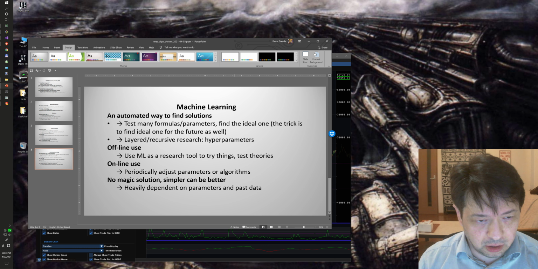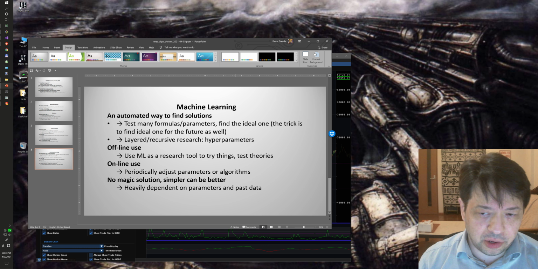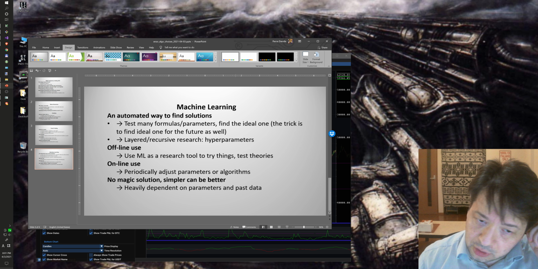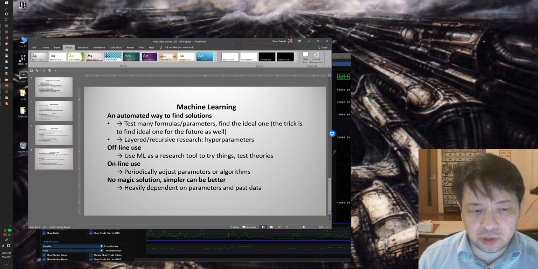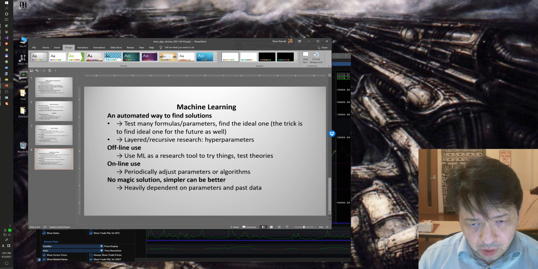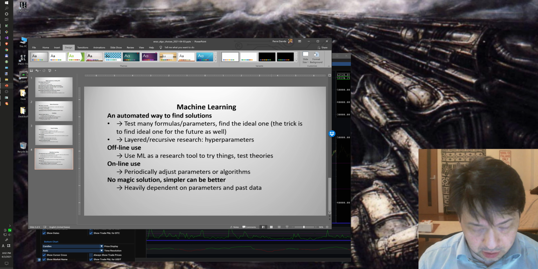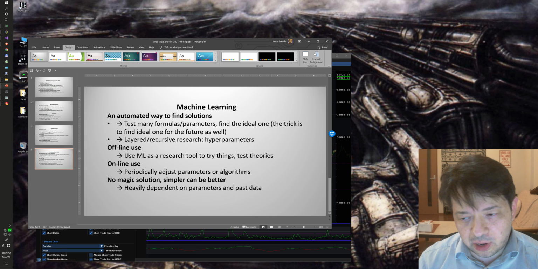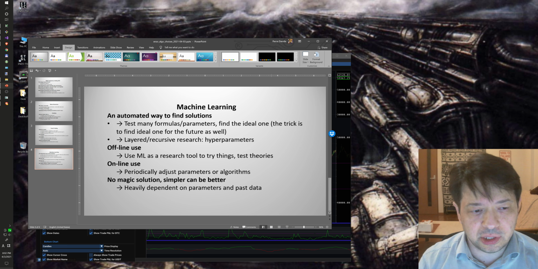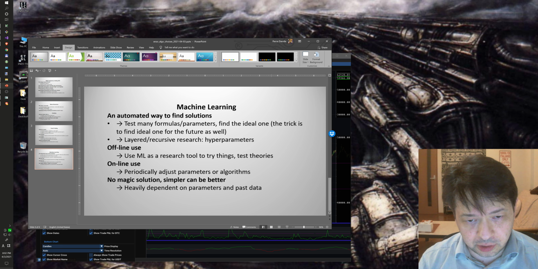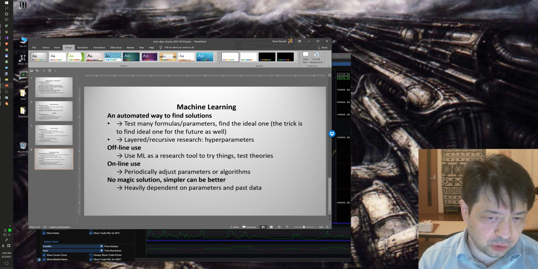It allows you to test many parameters, approaches and formulas until you find the ideal one, hopefully. Of course, the trick is that it's fairly easy to find the best possible solution on your data set, but that doesn't mean it will translate into the best possible solution for the future.